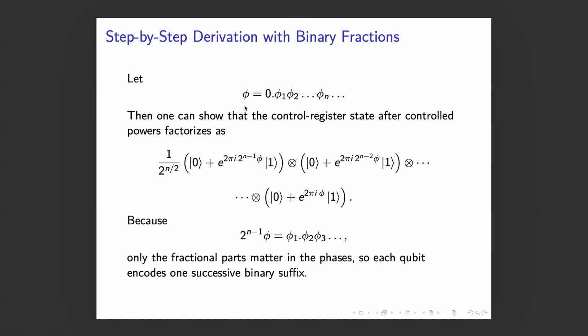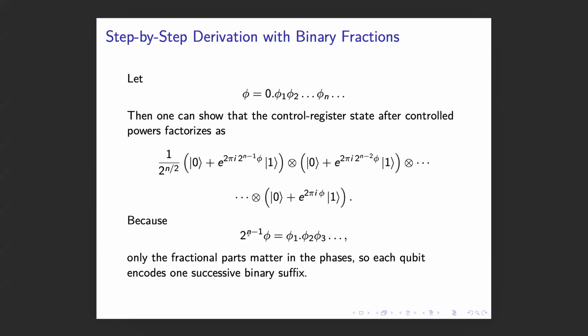If you now look at the step-by-step derivation, suppose phi is given by this representation. If you can represent phi exactly as a binary fraction, then you can extract the exact phi. Then you can show that the control register state after the controlled powers factorizes like this.